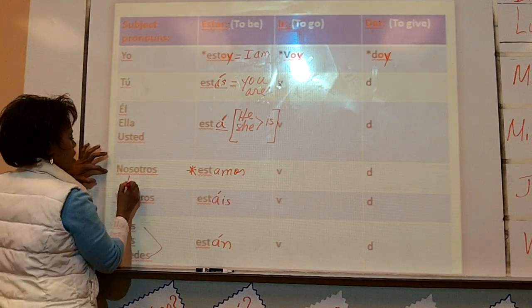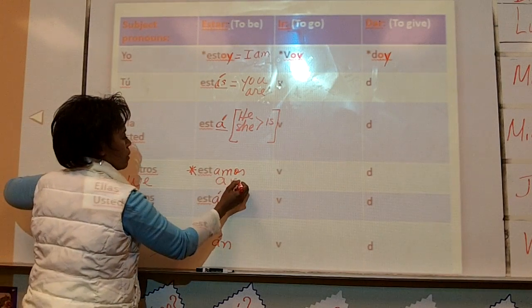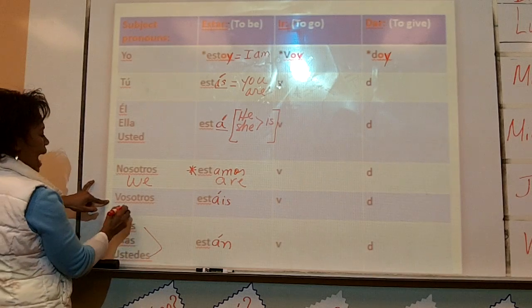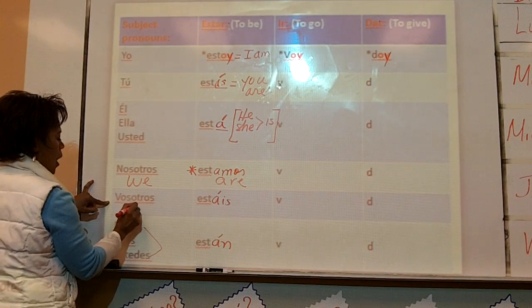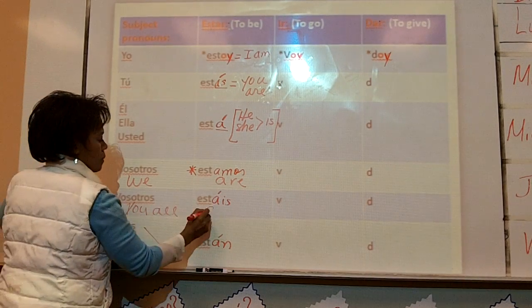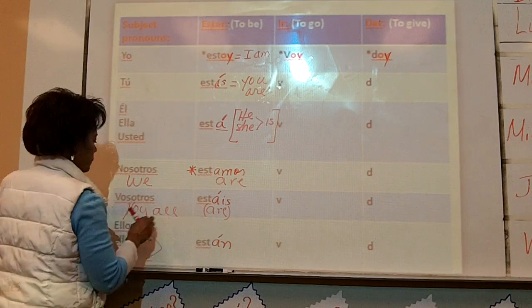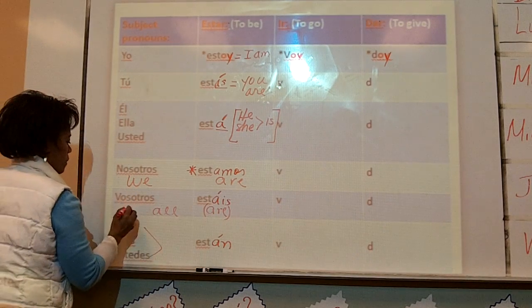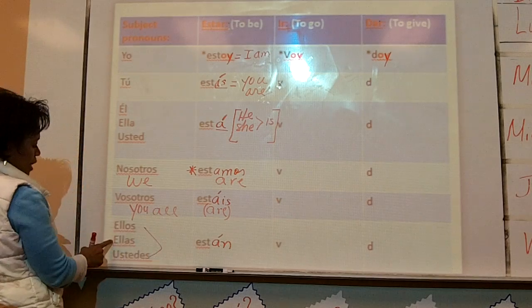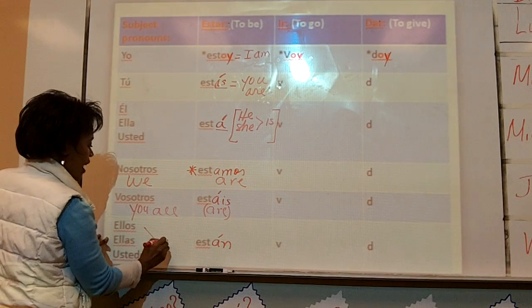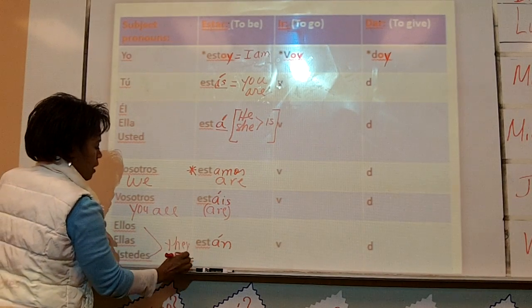Nosotros estamos meaning we are. Vosotros estáis means you are. And ellos, ellas están meaning they are.